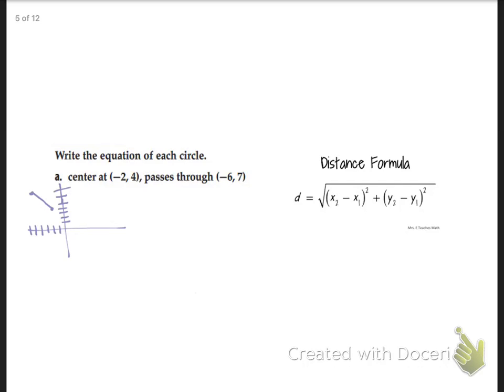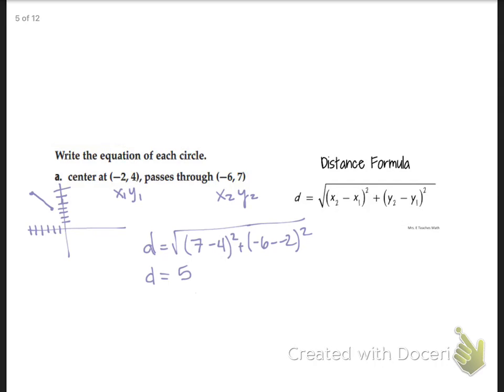So my first step is I'm going to label x1, y1, x2, y2, and then I'm going to plug it in. D equals, remember D stands for distance, the square root of my y2 minus my y1 squared plus x2 minus my x1 squared. I would type it in like that so I don't mess up any negatives.